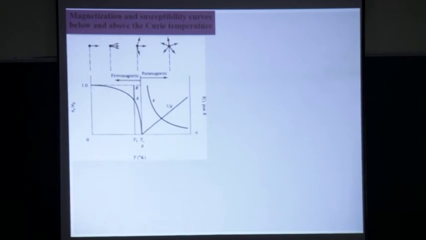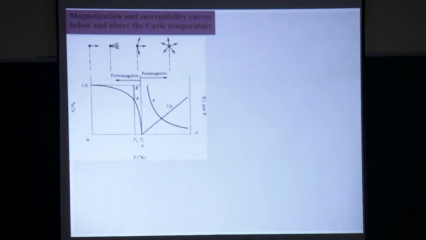So some of the magnetic moments of the atoms will be here, and some will be here and here. Then as you go close to the Curie temperature, they can be wider and wider with more and more entropy. And finally, in the case of the paramagnetic, they can be all over the place. So this is a schematic representation to show you how the temperature plays a role in affecting the magnetic properties.